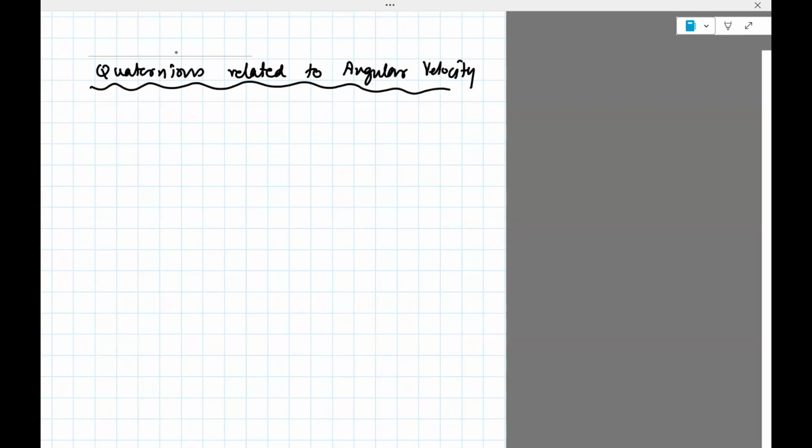Okay, so we've seen that if x is the position in world frame, then you could write this. This is just a recap of what we wrote down earlier.